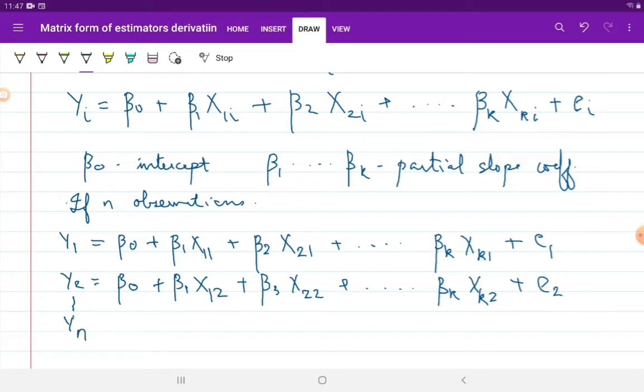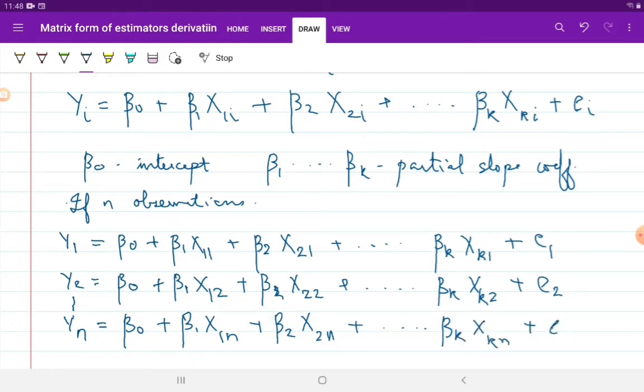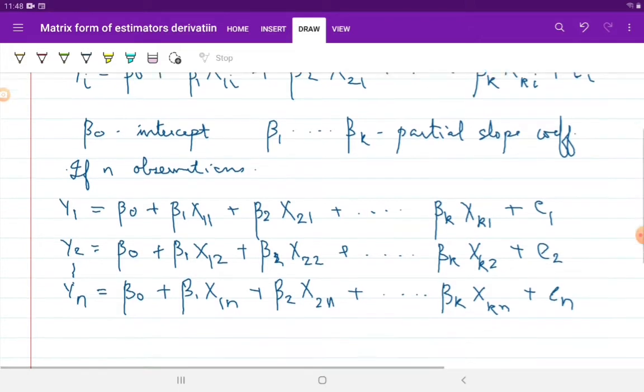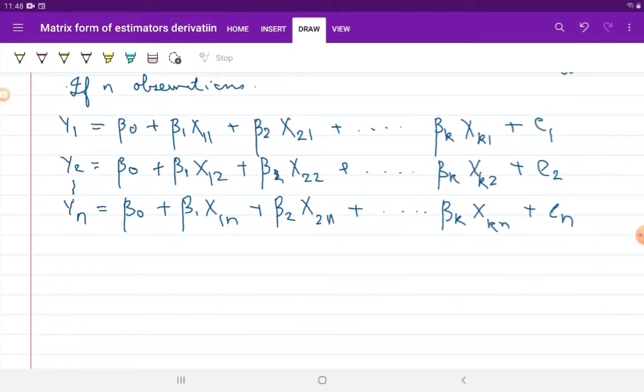So the nth observation of y is equal to beta naught plus beta 1 times the nth observation of x1 plus beta 2 times the nth observation of x2, etc., beta k times the nth observation of xk plus the deviation or error term en.